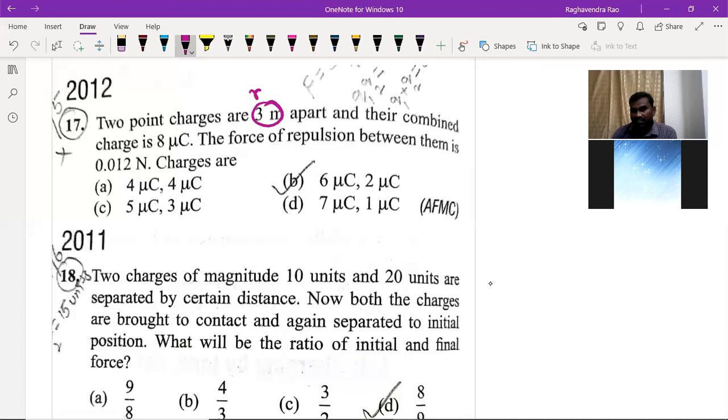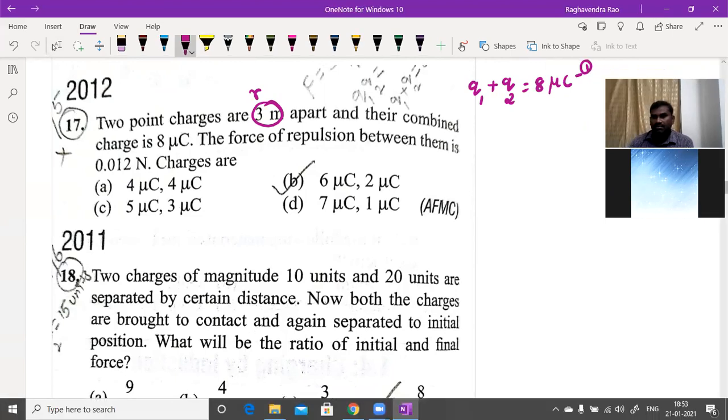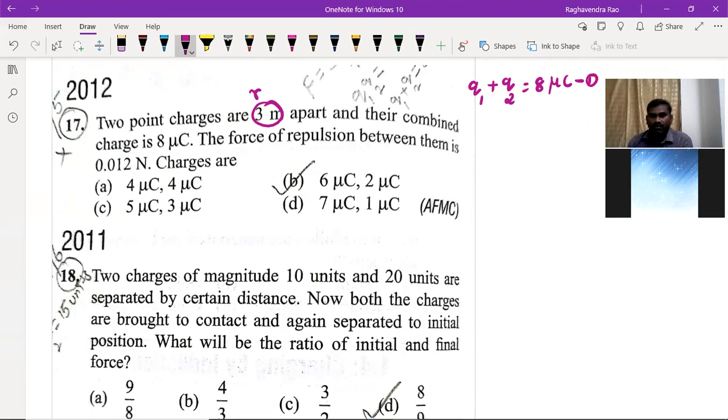And then combined charge, that means Q1 plus Q2, is 8 microcoulomb. This is equation number 1.